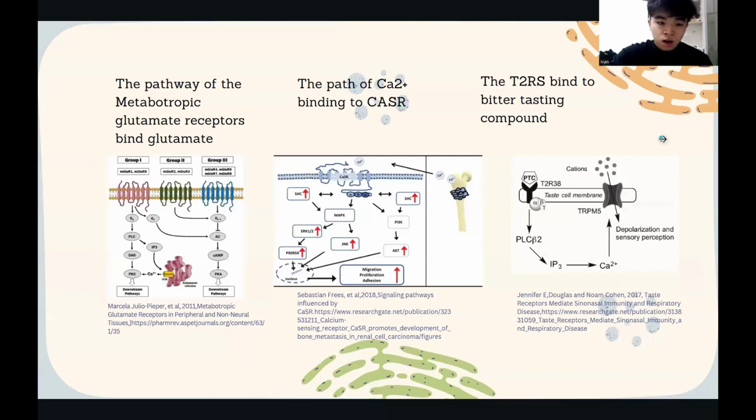As you can see, this is the pathway for the metabotropic glutamate receptors binding to glutamate. Initially, glutamate will bind to the metabotropic glutamate receptors, which causes a change in shape of the receptors, which allows the G protein, consisting of G alpha, G beta, and G gamma subunits, to undergo activation as GDP bound to the G alpha subunit is replaced by GTP.